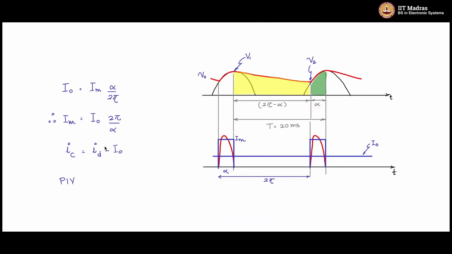So choose the PIV, the peak inverse voltage for the diode, to be greater than 2V1, 2 times the peak of the input. The peak value can be around I naught 2 pi by alpha, and the average value is I naught. So this way you can choose the appropriate diode and the value of the capacitance.